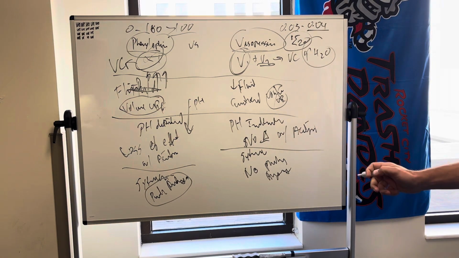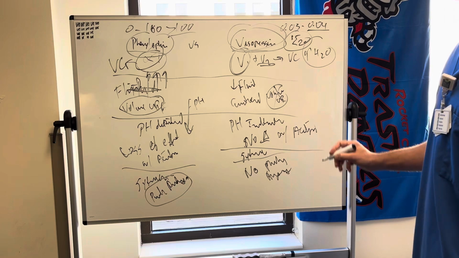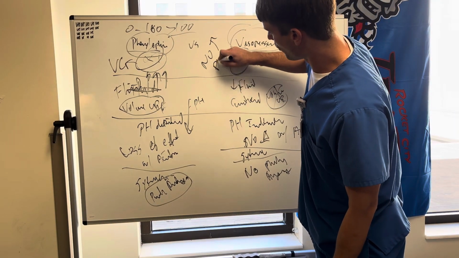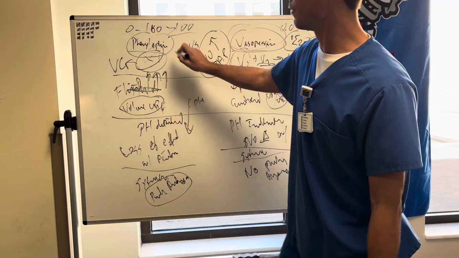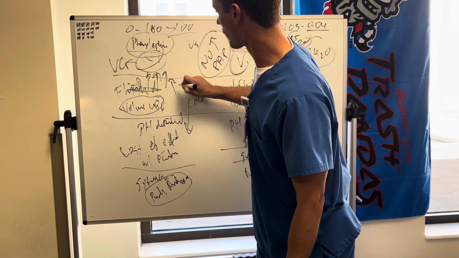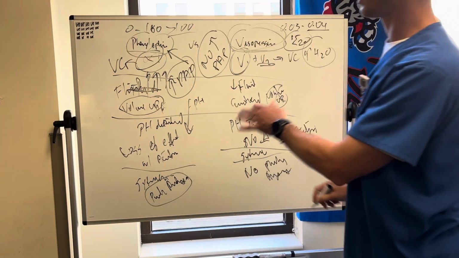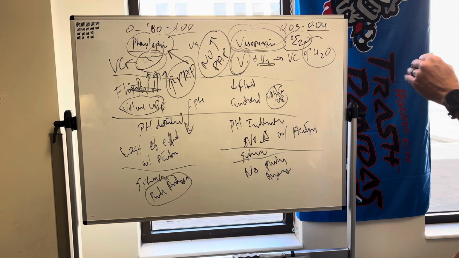So when you give more of this medicine, you cause no increase in your pulmonary artery pressure. While if you give phenylephrine, you increase the pulmonary artery pressure. Vasopressin does not. So how does that matter?